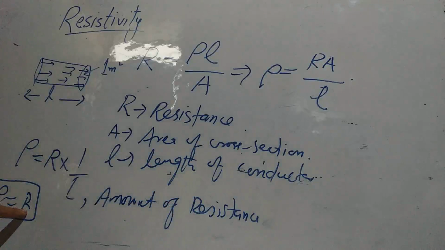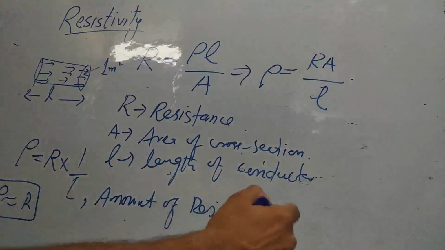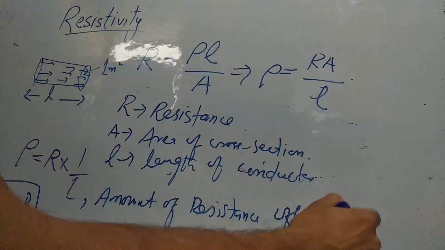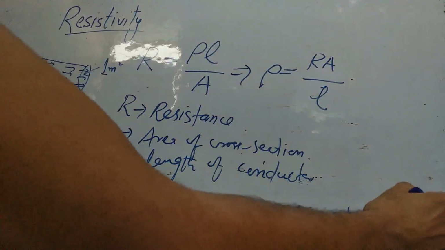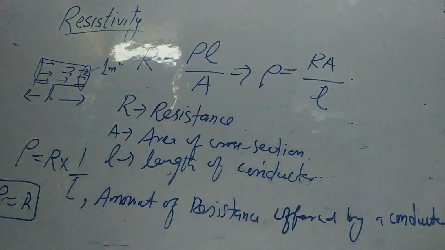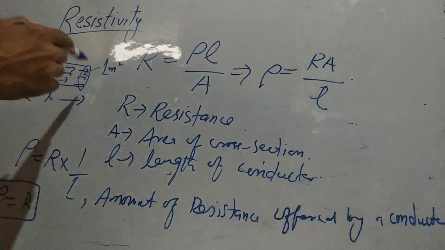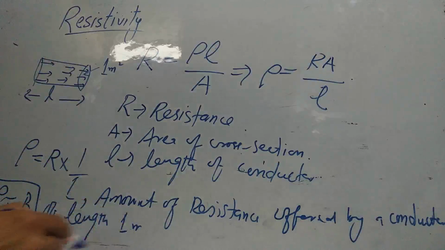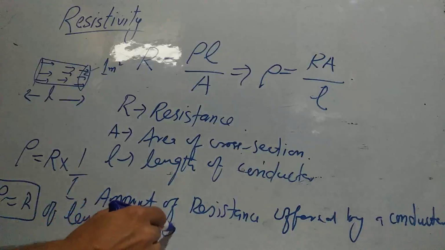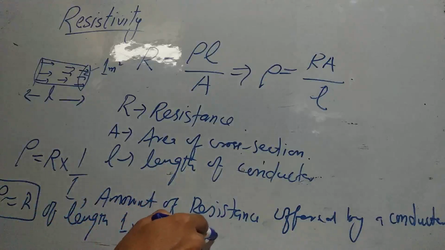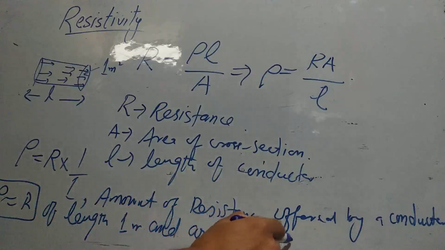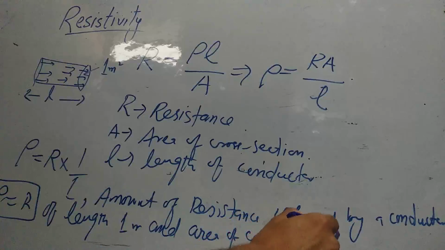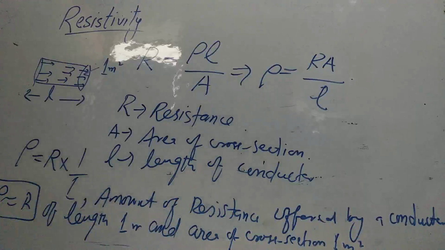So this is the amount of resistance offered by a conductor of length 1 meter and area of cross section 1 meter square, such that the current enters and leaves from its opposite faces.